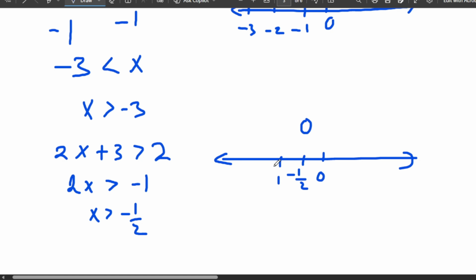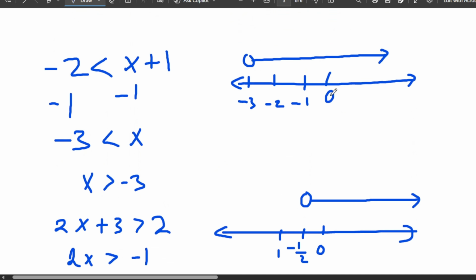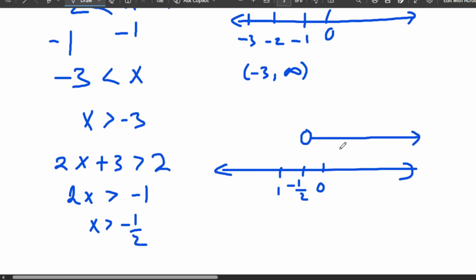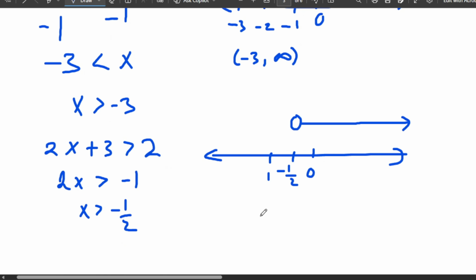Then an open circle, because there's no equal sign, to positive infinity. What is the interval notation for this? For the previous one, it is negative 3 to positive infinity, right? For this one, it would be negative 1 over 2 to positive infinity.